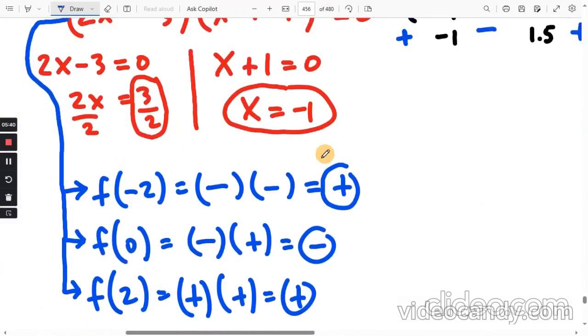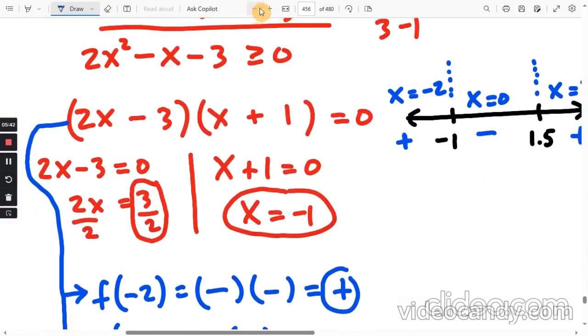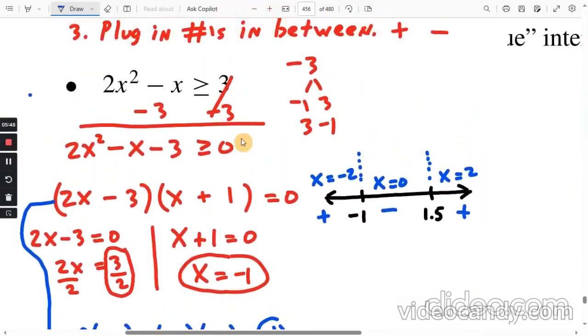Now, what do we want? The positives or the negatives? Well, right here, it says that this equation has to be greater than or equal to 0. So in other words, this thing right here has to be positive or 0. So the values at the zeros, that works.